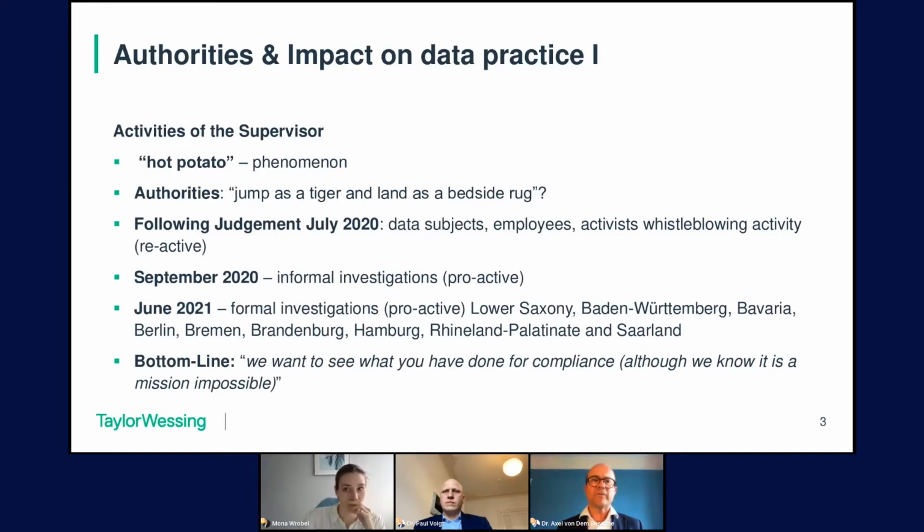As you probably also remember, in the beginning, the first wave was triggered by whistleblowers, activists, employees, consumers who went to the authorities and said, authority, do something.